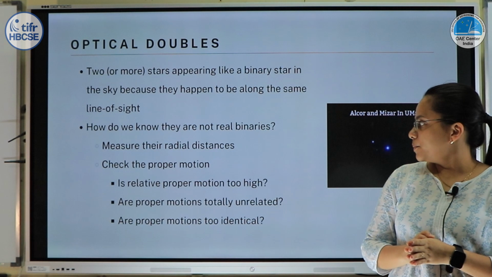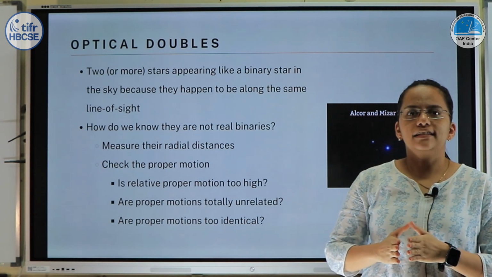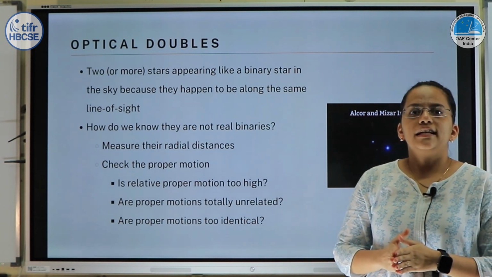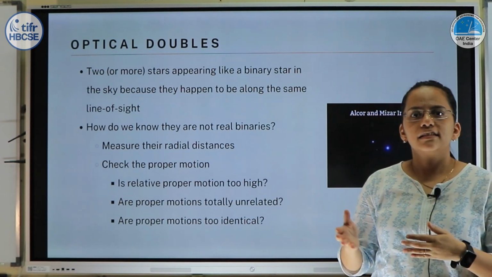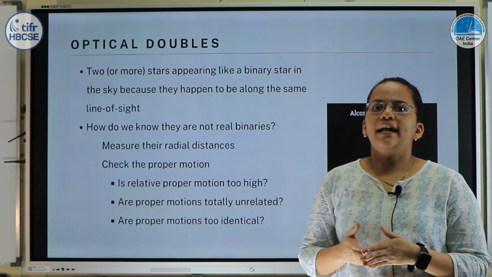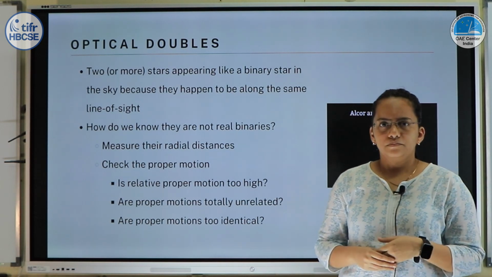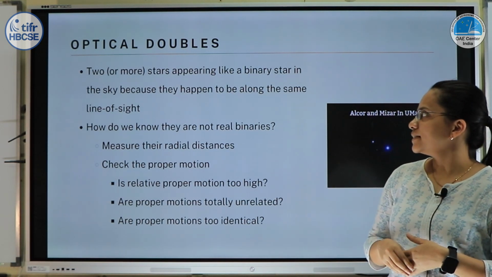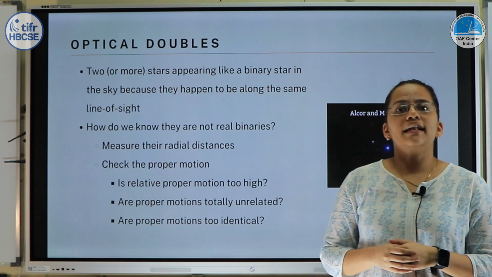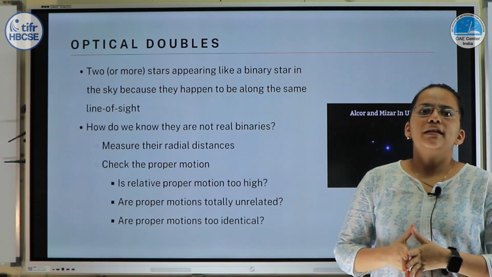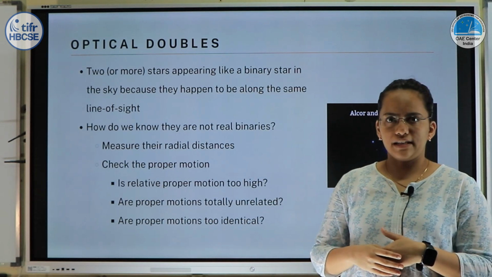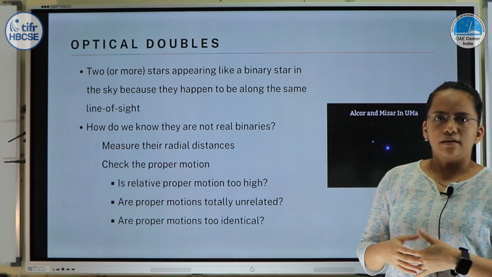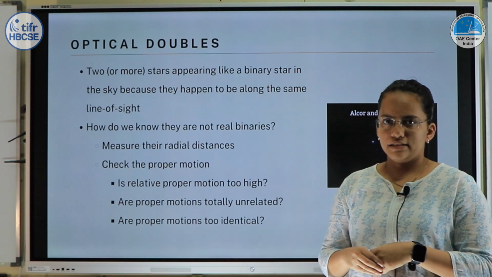Whereas if the proper motion is exactly alike, that is, identical, then these two stars are moving with the same velocity in space, that is, their paths are parallel to each other and they are not going around each other. So this is how we understand that these two stars are not gravitationally bound to each other, but they just look close to each other in the sky because they are along the same line of sight, and they are called optical doubles or line of sight binaries.